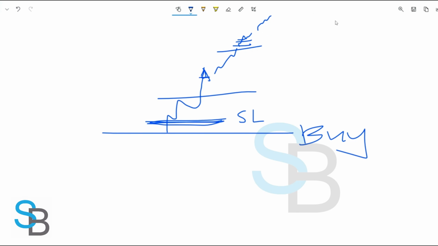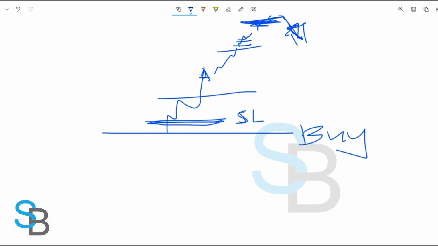So if the trailing stop keeps going and then the price starts coming against you, the trailing stop won't get modified. It's going to just stay there, and if the market goes below it, you are then taken out in profit. So that's how the trailing stop works.